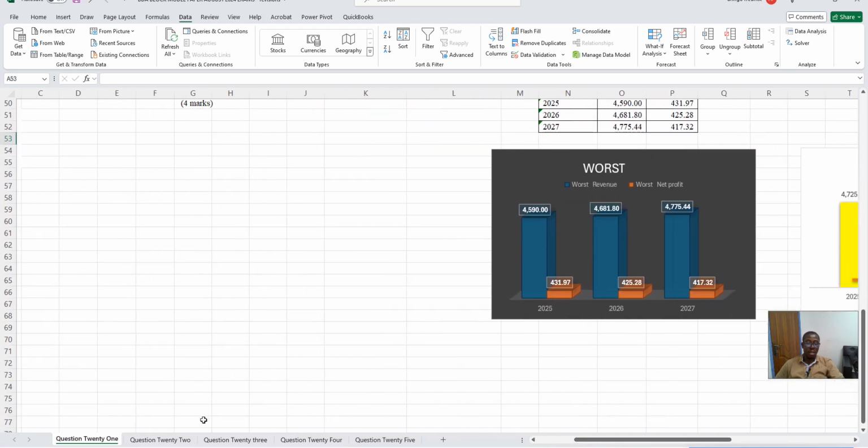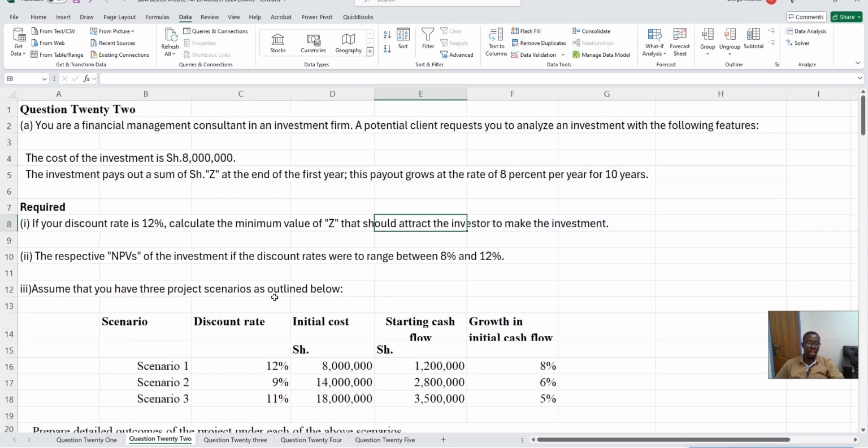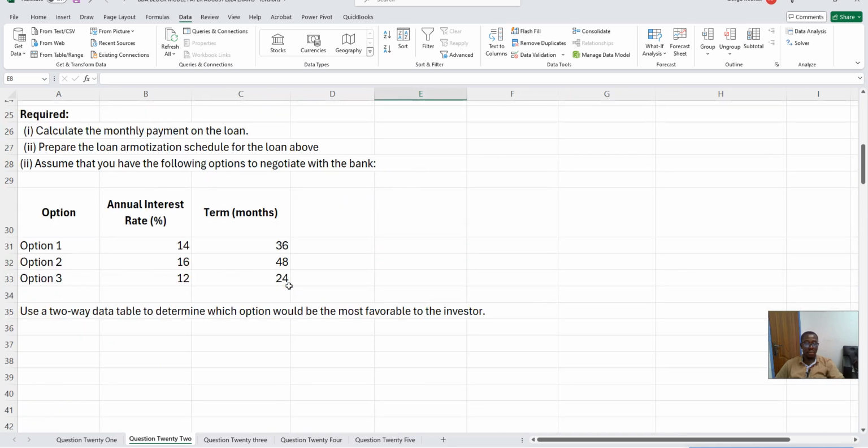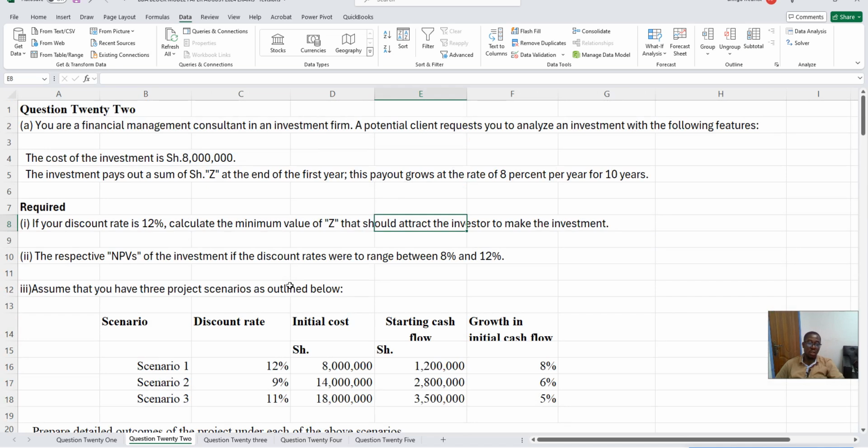Question number 22 is about financial management, and this is what I want us to handle. Remember, you can get this model paper just below this video. I'm going to attach a link which you can use to access this revision paper, which is a block revision paper.